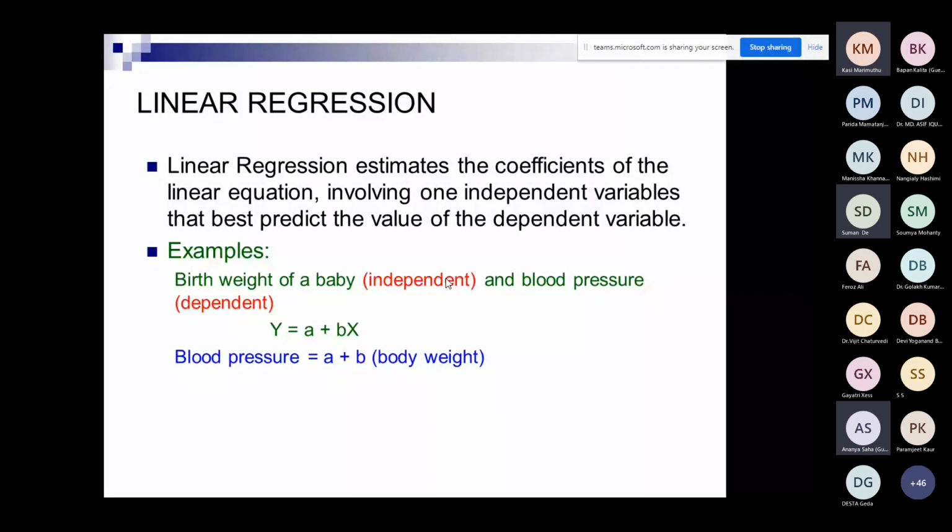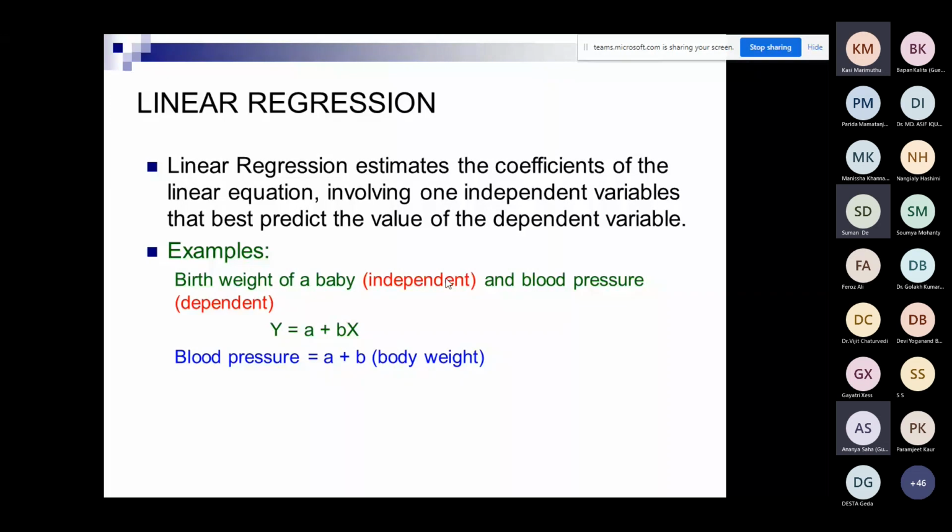So linear regression estimates the coefficients of the linear equation involving one independent variable and one dependent variable. Take the birth weight of a baby and the blood pressure of a baby. What is a normal newborn baby weight? As in the previous class, 2.5. One researcher compiled the birth weight of babies and the children's blood pressure.